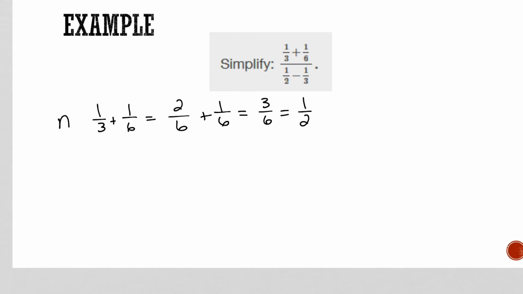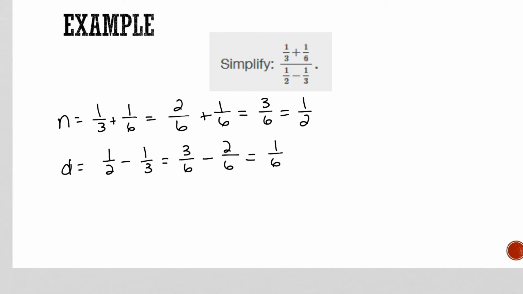So this is our numerator, all right? Our denominator is 1/2 minus 1/3. So I'm going to get a common denominator. 3 over 6 minus 2 over 6, okay, equals 1 over 6.